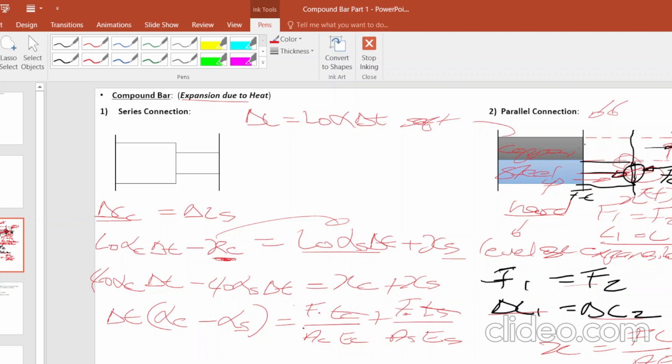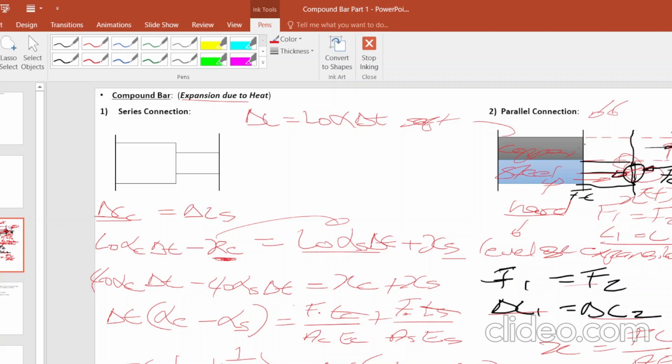Then we will have force as our common factor, 1 over AE. This is your copper plus 1 over AE steel equals the change in temperature, open bracket, coefficient of copper minus the coefficient of steel.